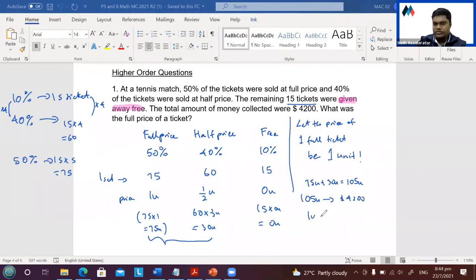So for one full ticket, it's 4,200 divided by 105. Can you type the answer in the chat?